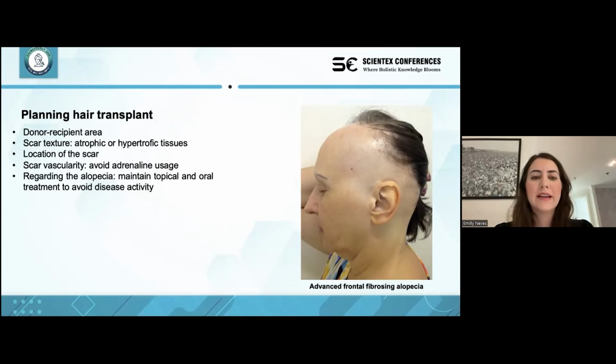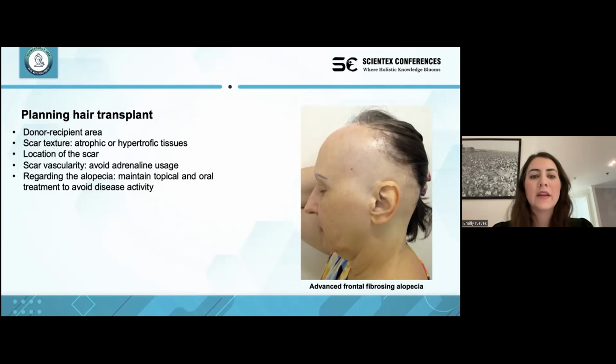We also must analyze the scar texture, because a lot of patients have atrophic scars or hypertrophic tissues. The location of the scars is also important.